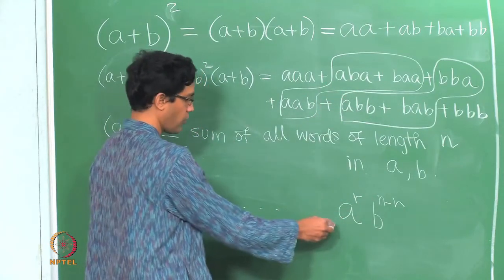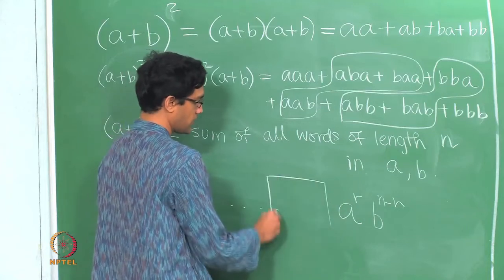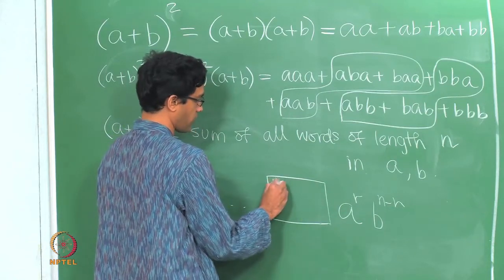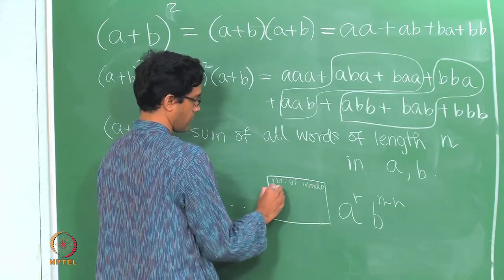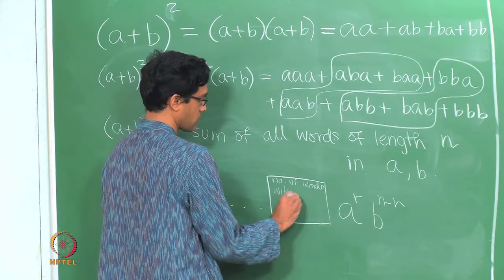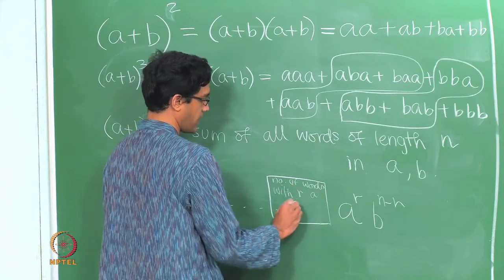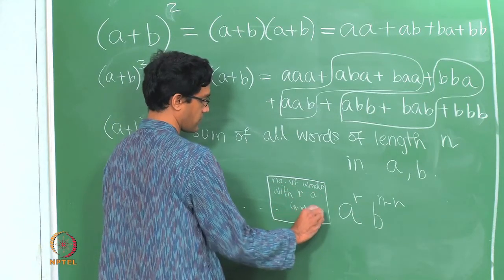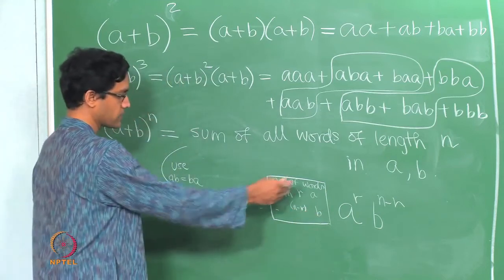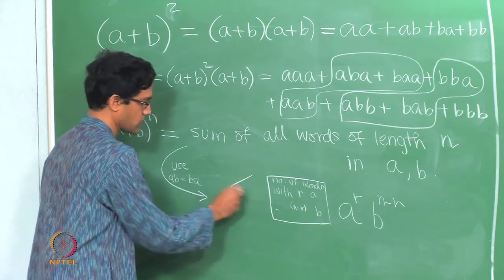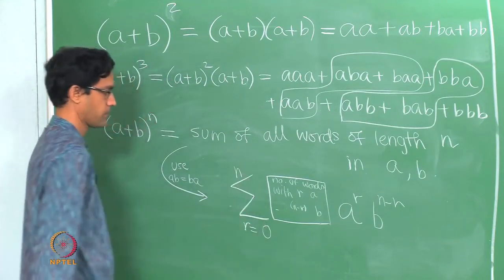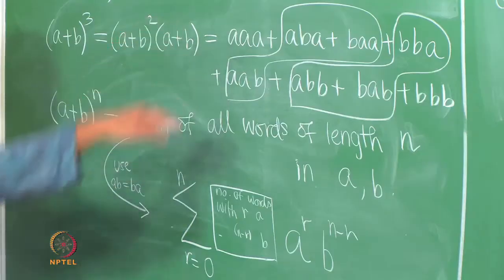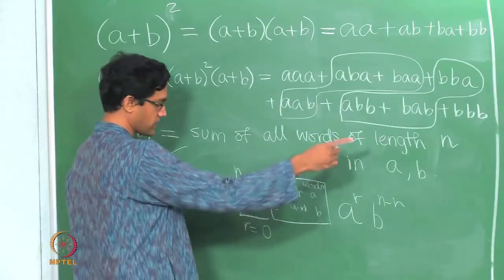So the coefficient of this thing here is the total number of words with r occurrences of A's and n minus r occurrences of B's. But that's exactly the thing that we have computed. So this is a sum now over all possible choices of r.